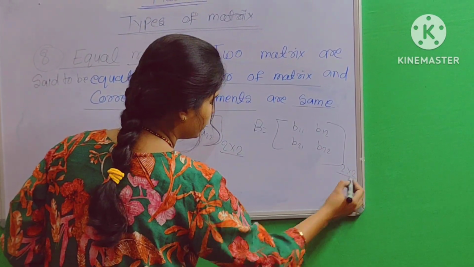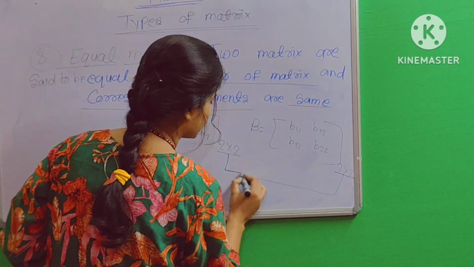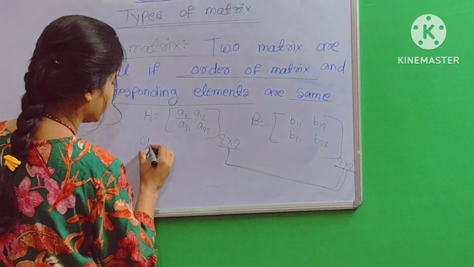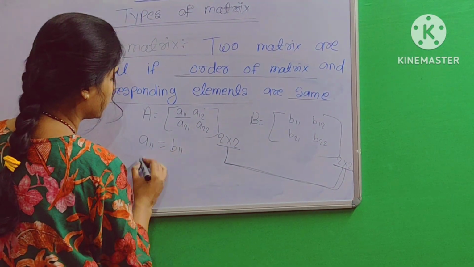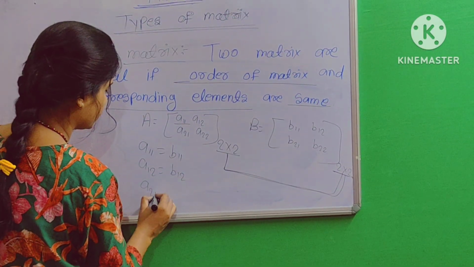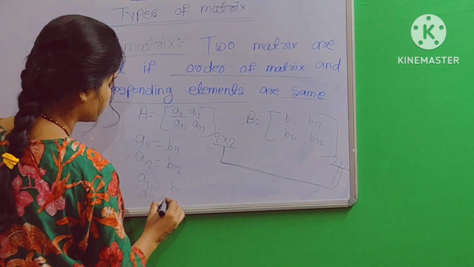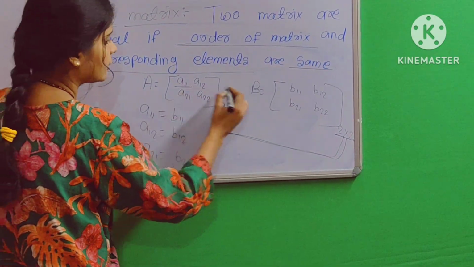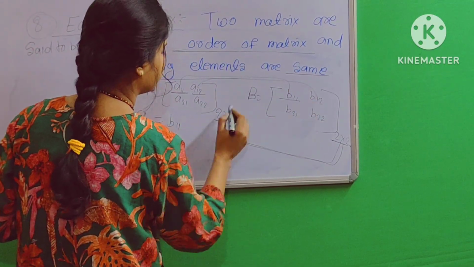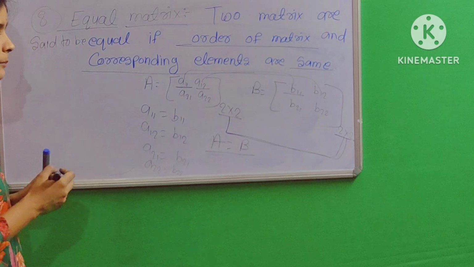First we have to find whether the order is equal or not. Here the order is equal, and we can say A11 is equal to B11, A12 is equal to B12, A21 is equal to B21 and A22 is equal to B22. Every corresponding element has to be the same. Then we can say matrix A is equal to matrix B.